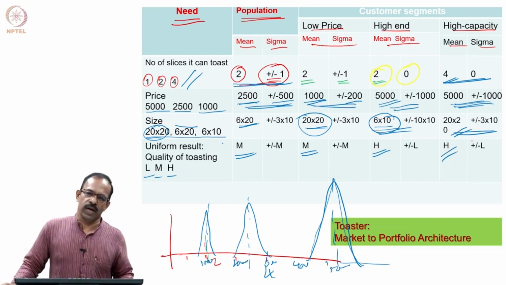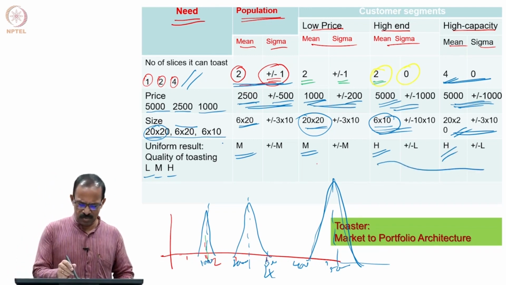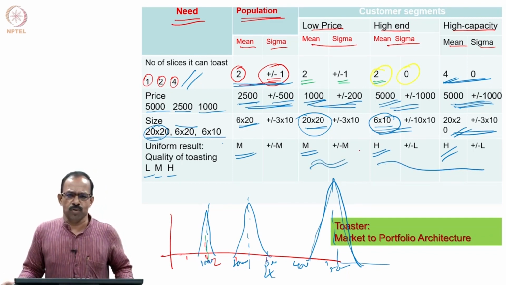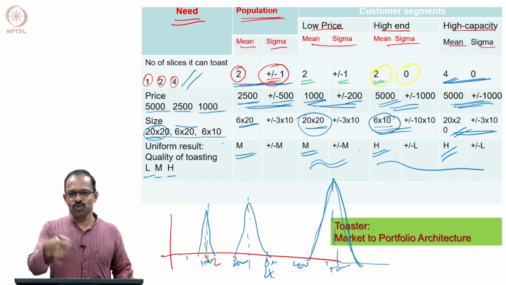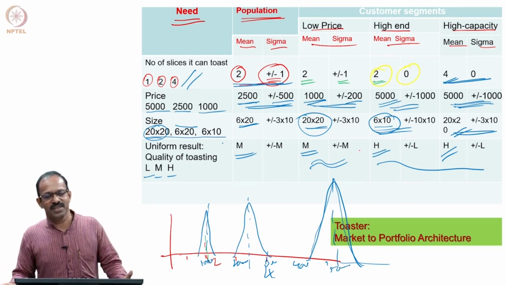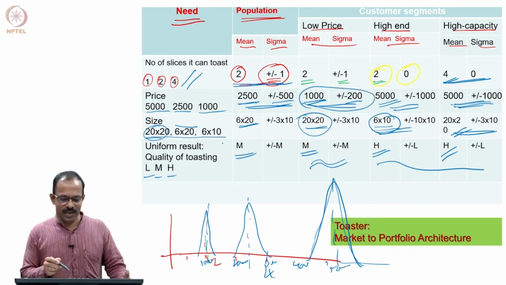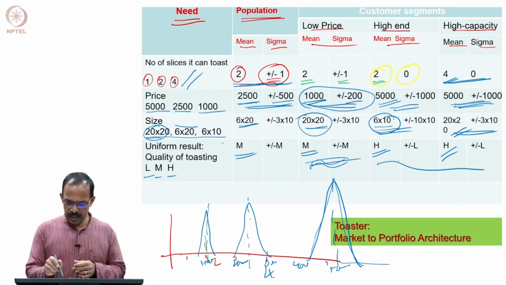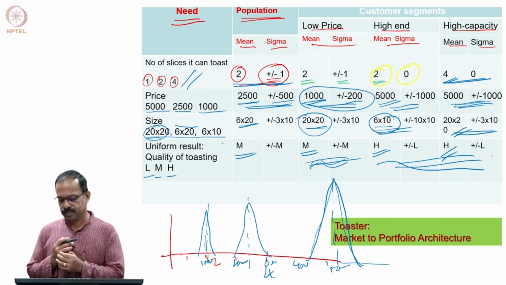So, you need a high quality product to satisfy these two customers, and this customer says, okay, I do not really care even if it is medium quality toasting, because as I told, this customer segment is not really worried about those things, they are only more worried about the cost of the product. That is why they do not really care even if the quality is slightly less, but the other two segments really ask for a high quality toasting product.